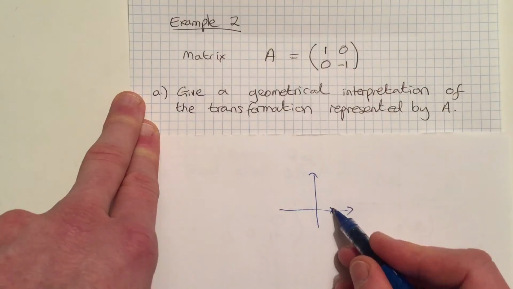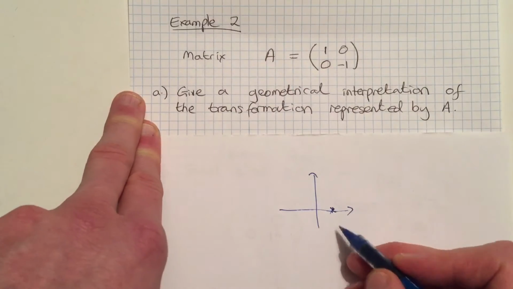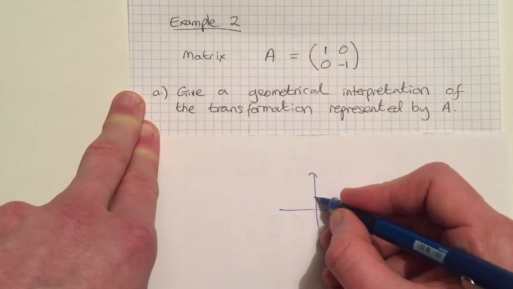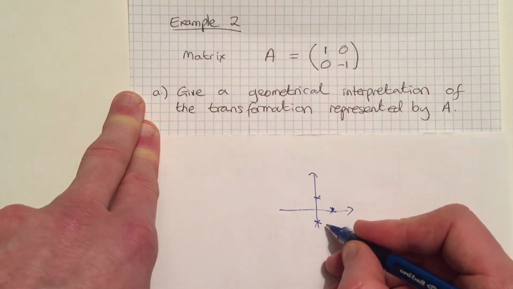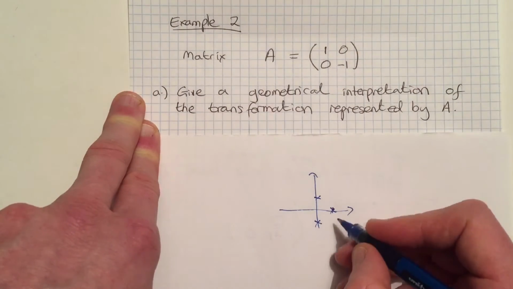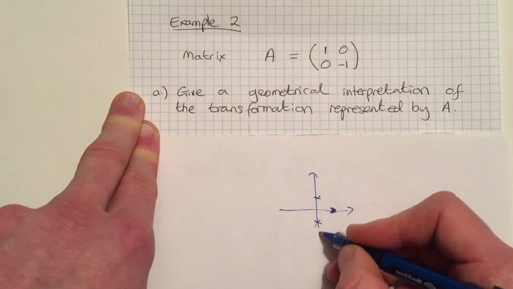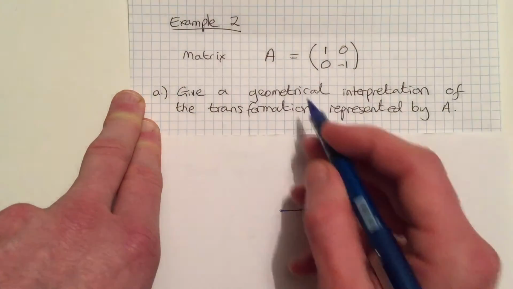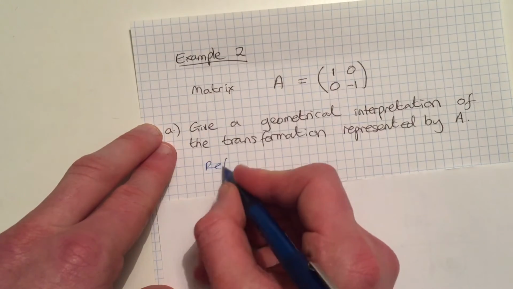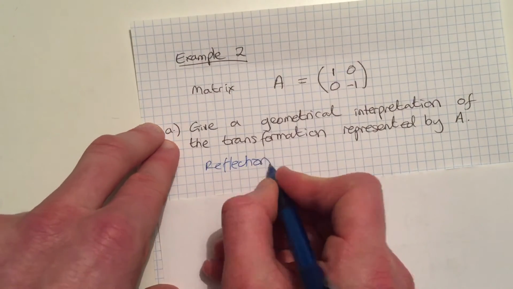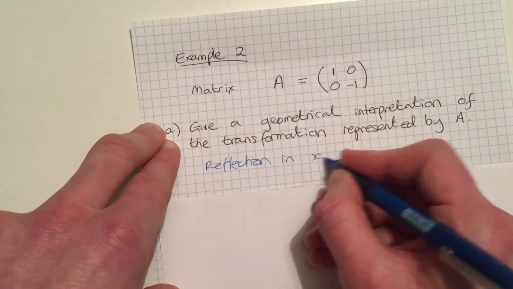So this is invariant, it doesn't move. The coordinate 0, 1 has been transformed to 0, minus 1. So this stayed the same, this got reflected down, so I think that this is representing a reflection in the x-axis.